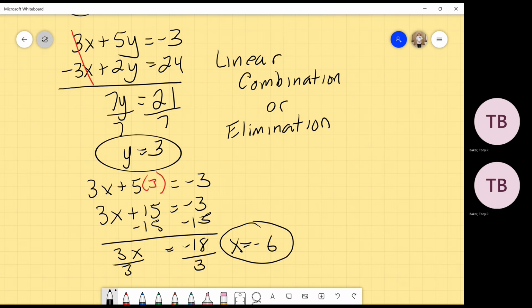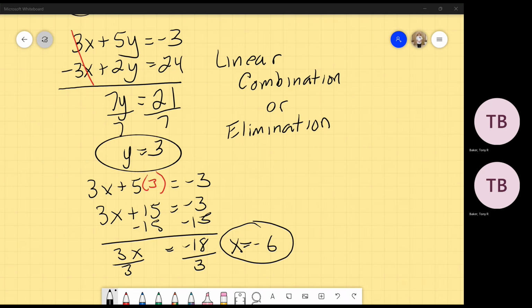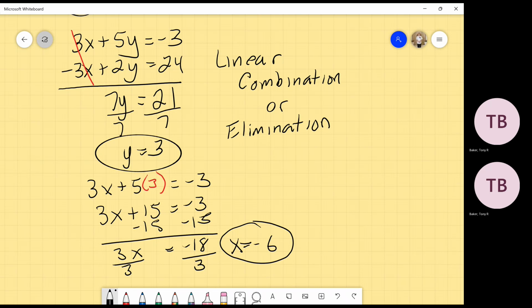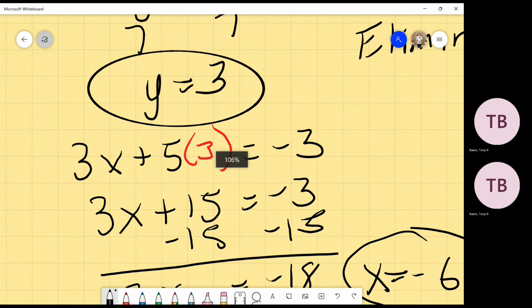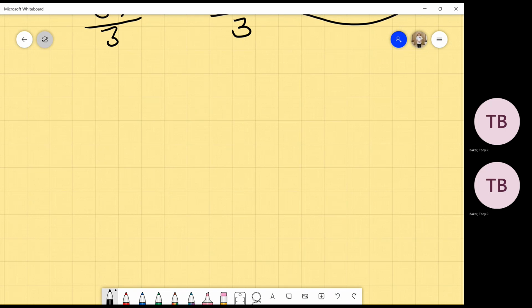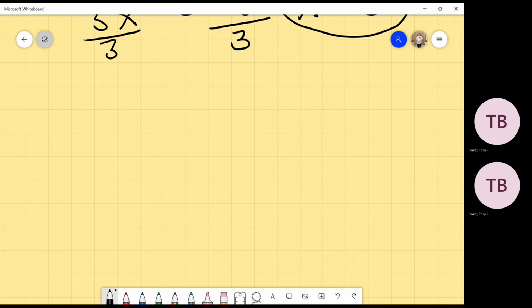Okay. Let's see. That's fractions. Okay. So I'm going to make one up first. All right, let's do.